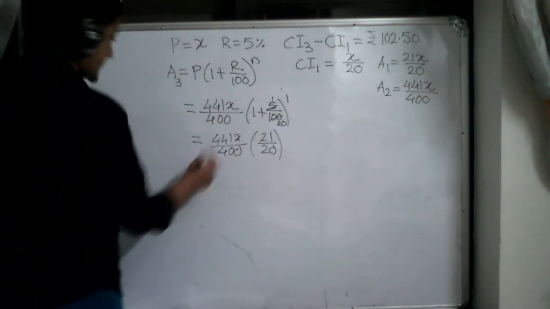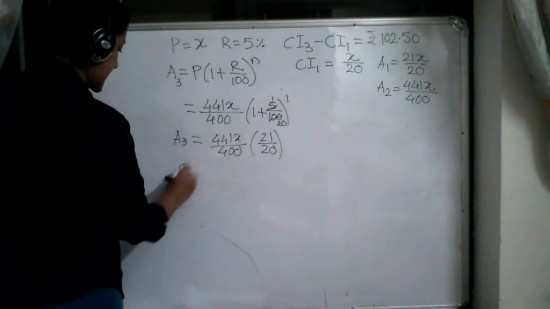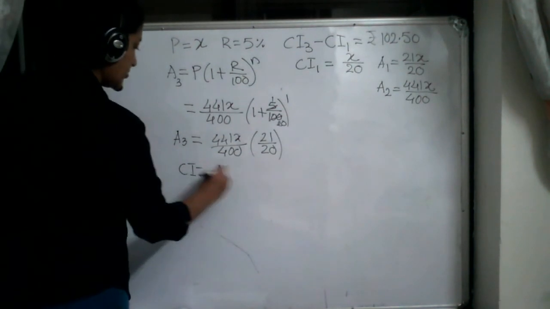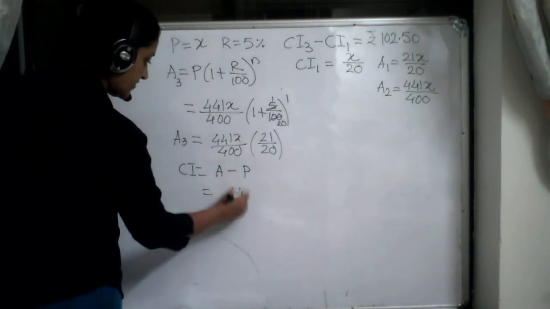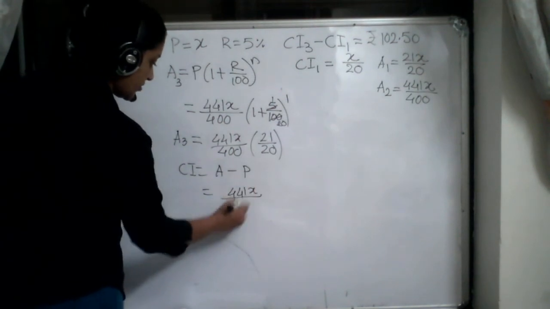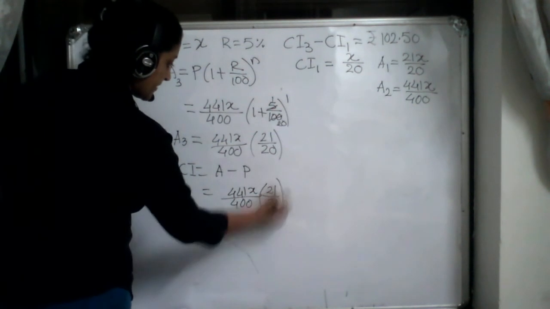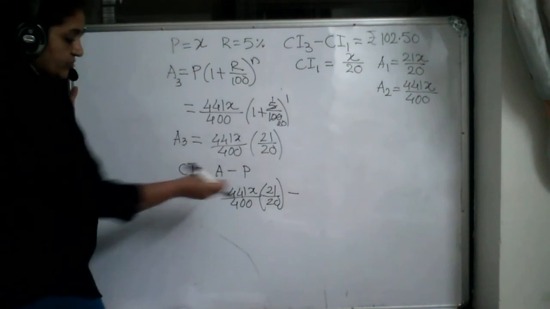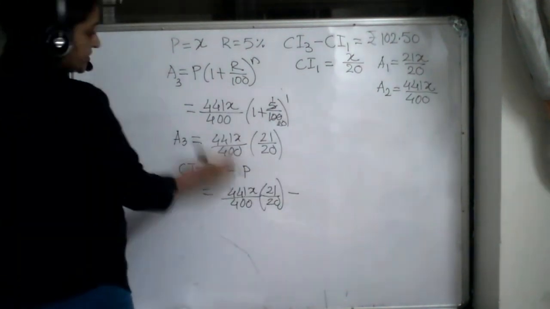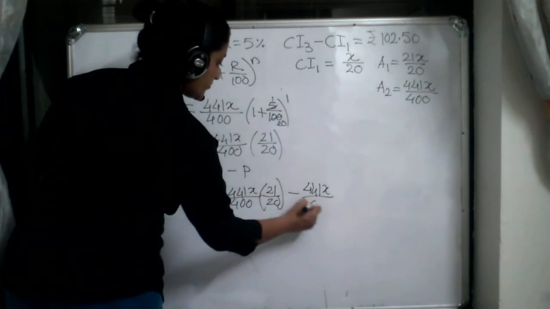Now let us find CI. CI is amount minus principal. The amount right now is 441x upon 400 into 21 upon 20 minus. You must be wondering, why am I not multiplying? You will come to know when I write this. What is the principal? 441x upon 400.